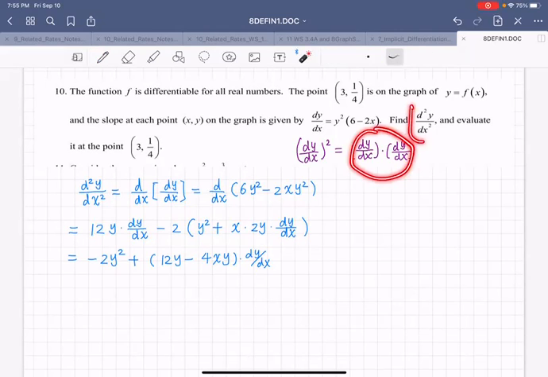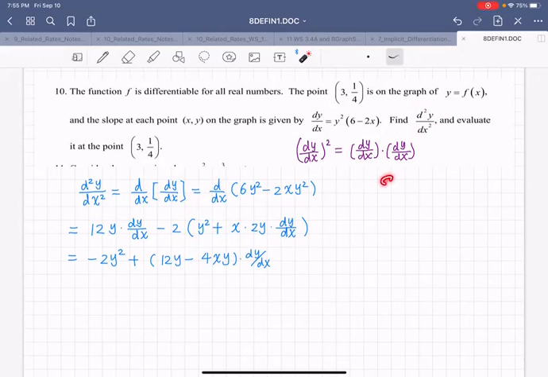Does this equal that, Angela? No, they never ever equal. This is your first derivative itself, in parentheses squared. This is the derivative of your first derivative, which is your second derivative.